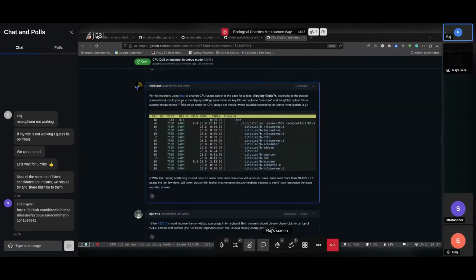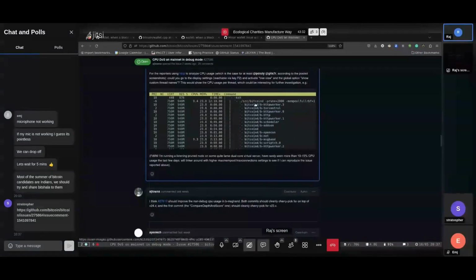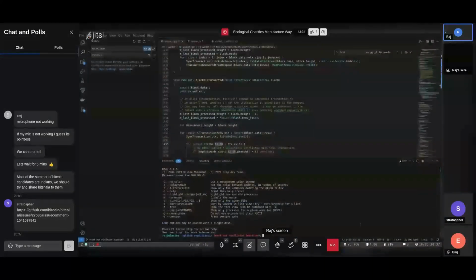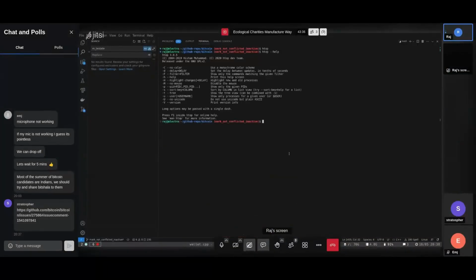According to the post, we could go to the display setting, reachable via F2, activate tree view, and in the global option, show custom thread names, and this shows the CPU usage per thread. Okay, let's try it out.